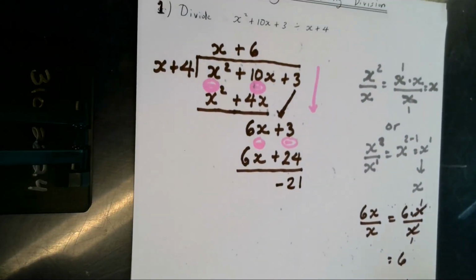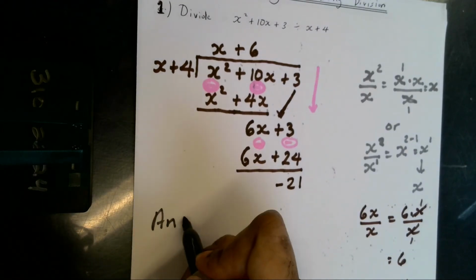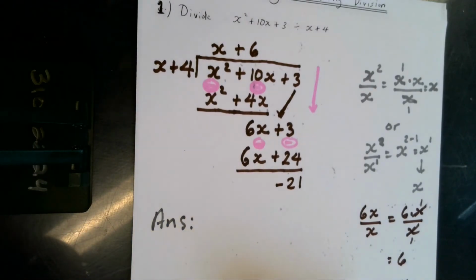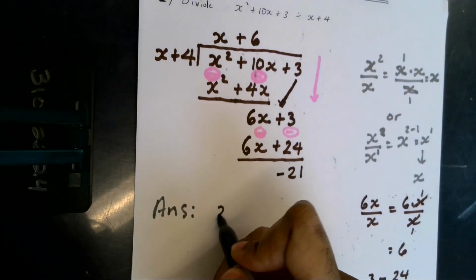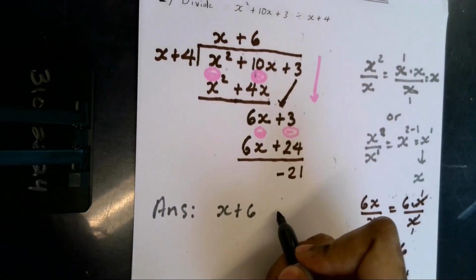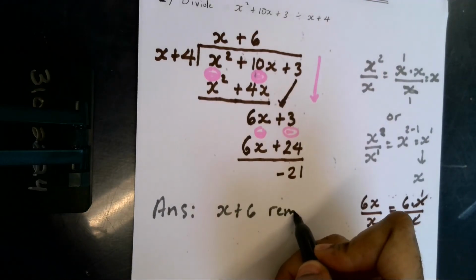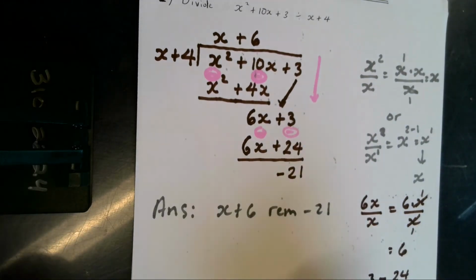So we can write our answer in two ways. We can say x plus 6 remainder negative 21. That's your answer.